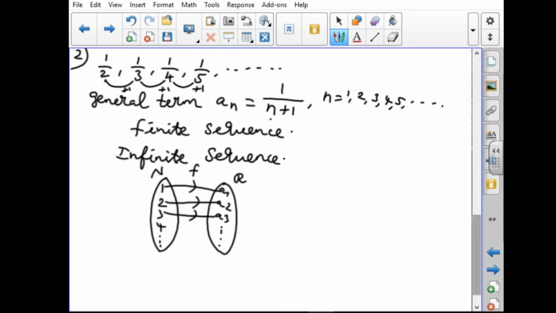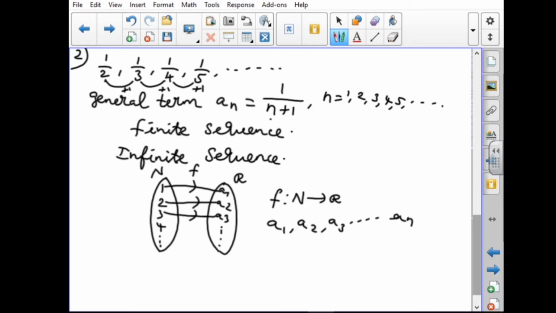A sequence is a function f from the natural numbers to the real numbers, where R is the set of real numbers. The sequence is of the form, as we already know, a1, a2, a3, etc., an.